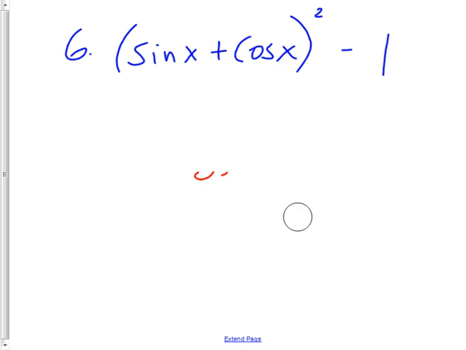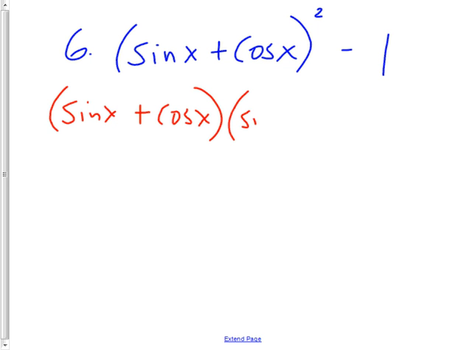I can't just say the answer is sine squared plus cosine squared. I've got to write it out like this: sine x plus cosine x, times sine x plus cosine x, minus 1. And then multiply it out. It's not that hard. I know it looks kind of impressive, but it's really not that hard.